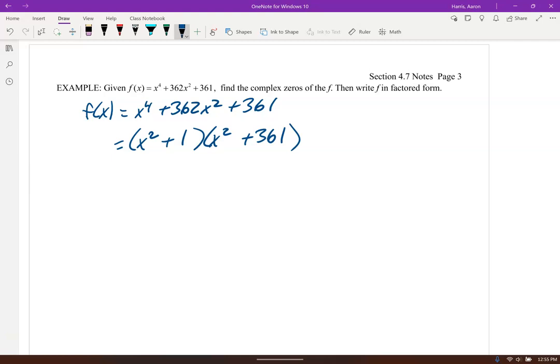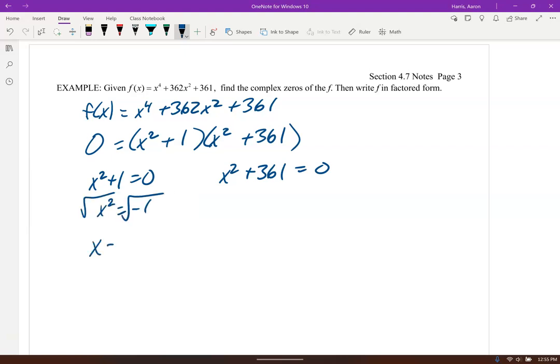Now, notice from here, I can find the zeros. Neither of these factor. Take the first one, set equals 0. Take the next one, set equals 0, and let's solve it. Subtract 1, square root, plus or minus i. Go ahead over here, do the same approach.